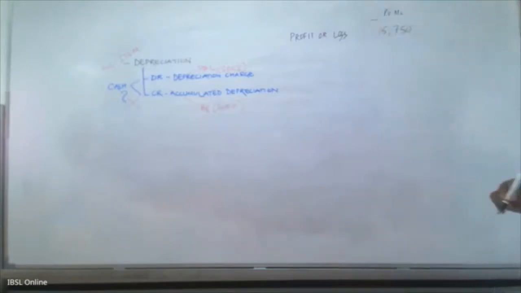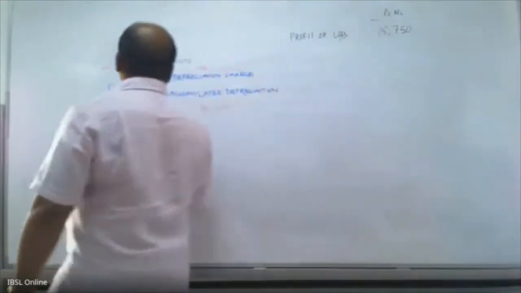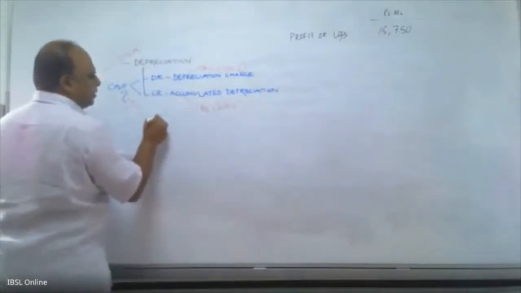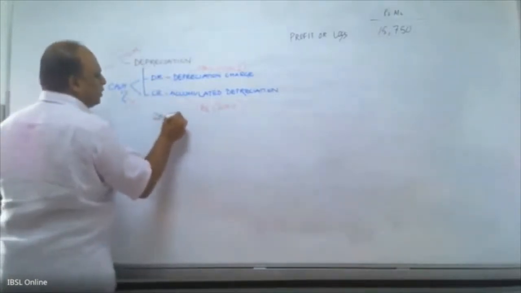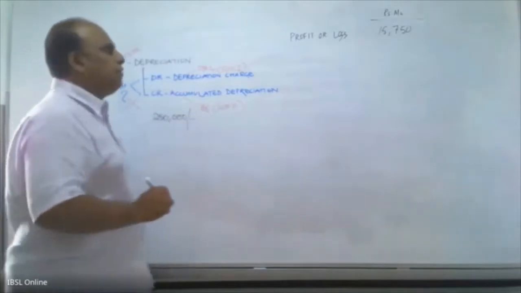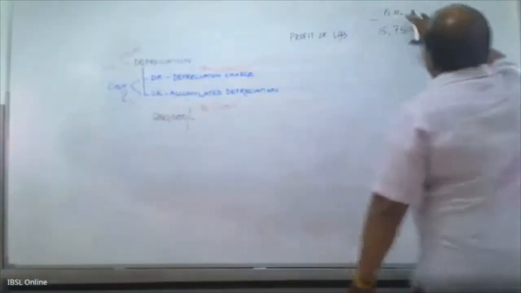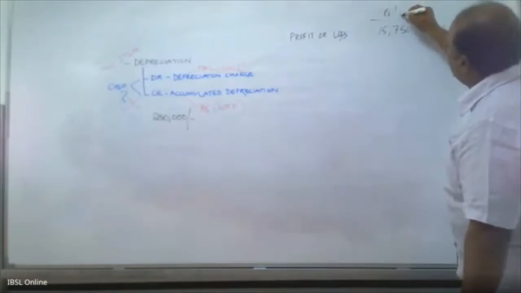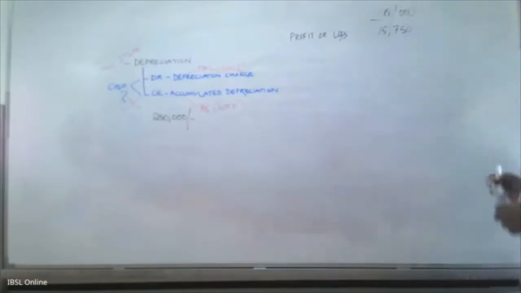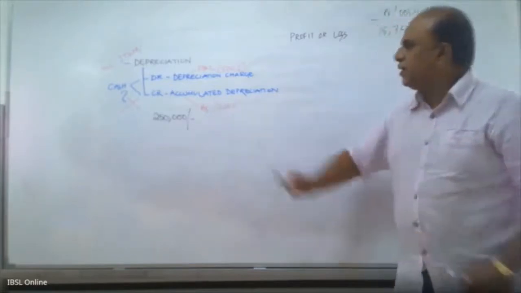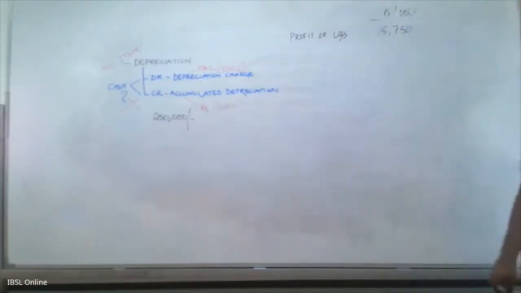The profit of the company is 15,750,000. Just an example, right? And I say that you have provided depreciation of 250,000. Now, because of this depreciation, what has happened to this profit?